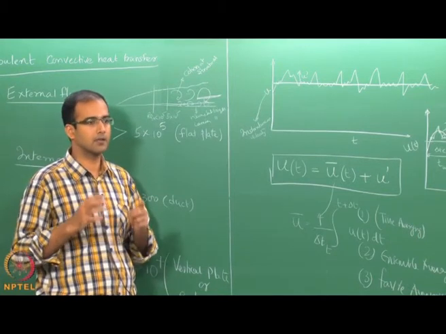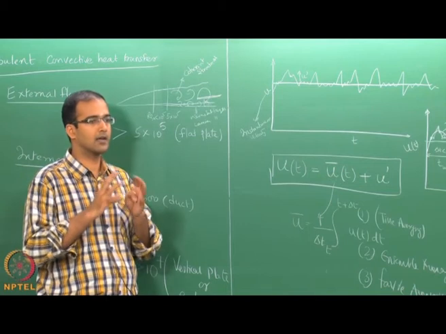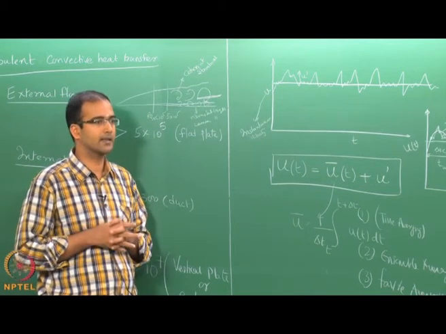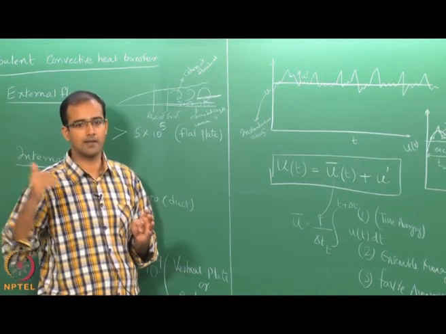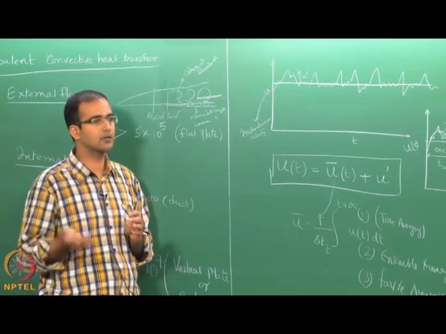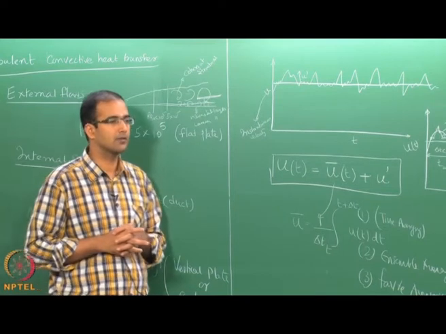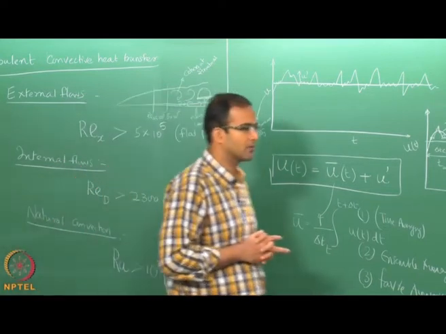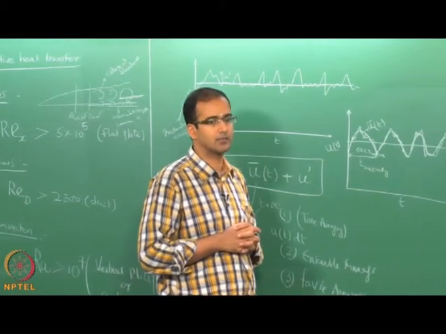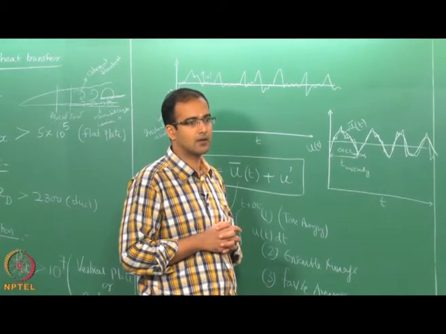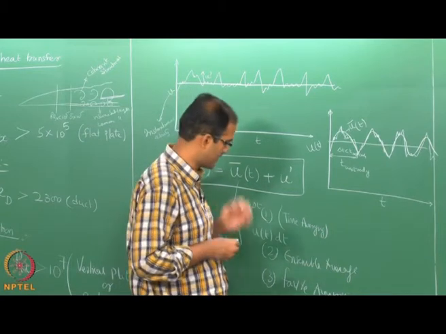Although there is turbulence, the turbulence is affecting only the velocity and temperature, not the density. The density as a property is constant, whereas in a compressible flow the density also has fluctuations. Therefore, we have to average rho u, for example, in compressible flow, not just u. So, this is called Favre averaging, which we will not be worrying about here.